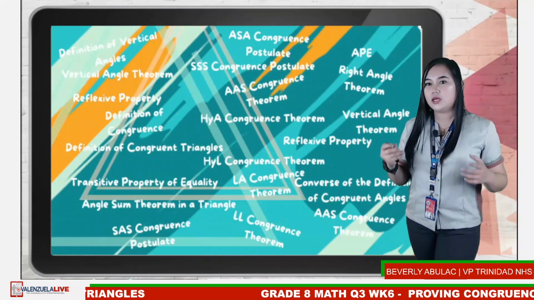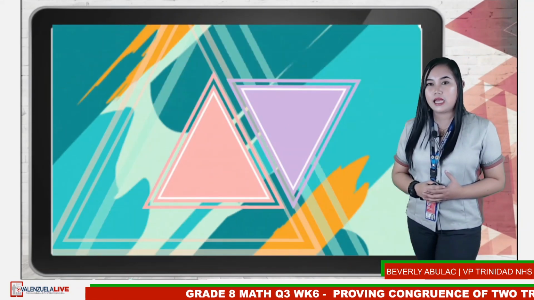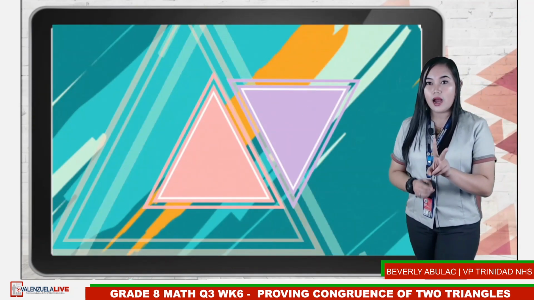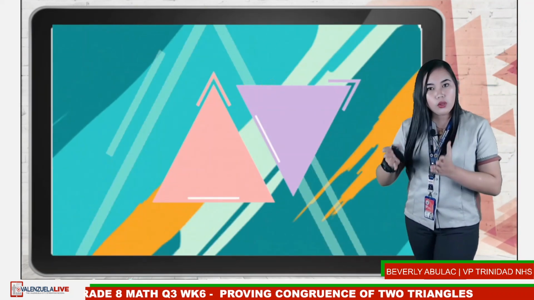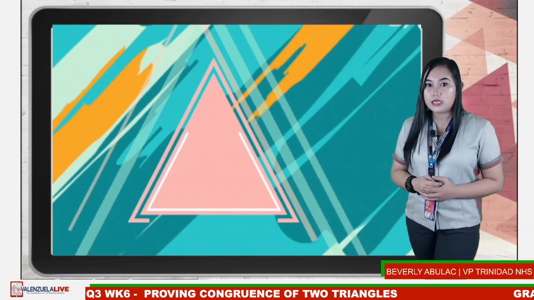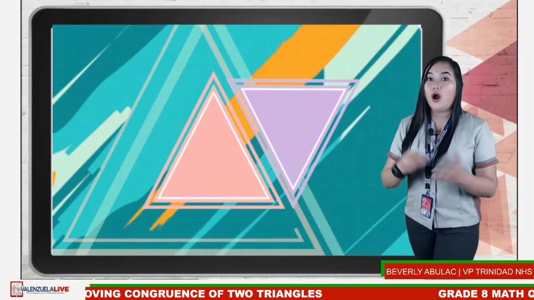In the previous lesson, you learned that triangles are congruent if they have exactly the same shape and size. Specifically, two triangles are congruent if and only if their vertices can be made to coincide so that corresponding sides are congruent and the corresponding angles are congruent.